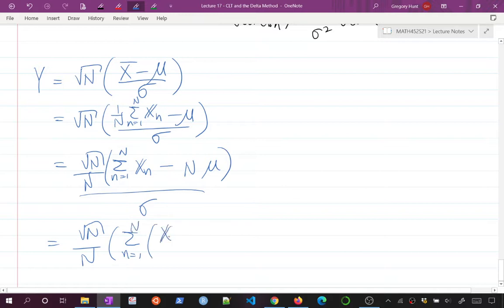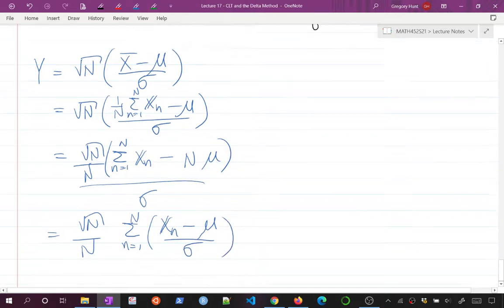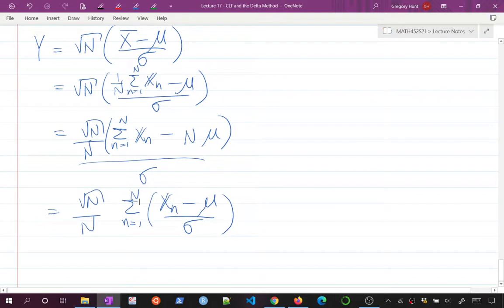So this should be xn minus mu over sigma. So something like that, and actually I don't need my outside paren. So you gotta believe the algebra of the step, right? I can bring that mu into the sum, and I drop my n. Alternatively, the sum of xn's minus mu in the sum is the sum of the xn's minus n mu outside the sum, right? So that's all I'm doing there.